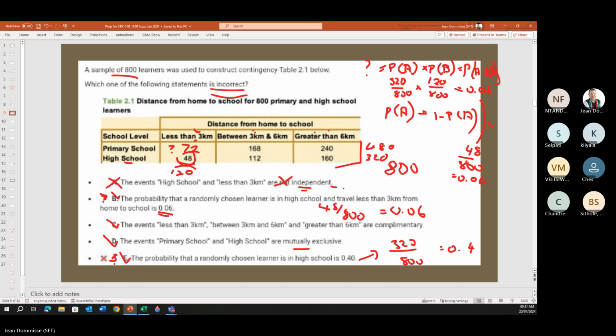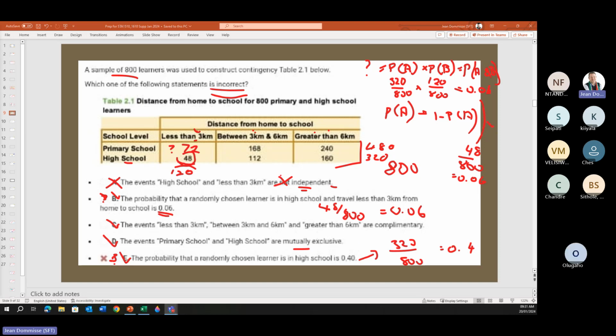Okay, so this one on probability, it took us quite a while to work it out. In the exam, again, because this is something that is really time consuming, I would probably have done the same again.